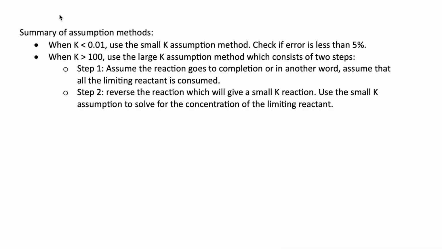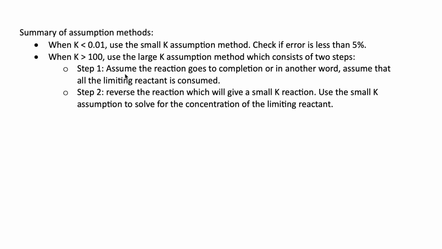So let me summarize the two assumption methods that we just discussed. The first one is when your k value is less than 0.01, use the small k assumption method, and at the end, check to make sure that your error is less than 5%. When the k is larger than 100, use the large k assumption method, which has two steps in it.